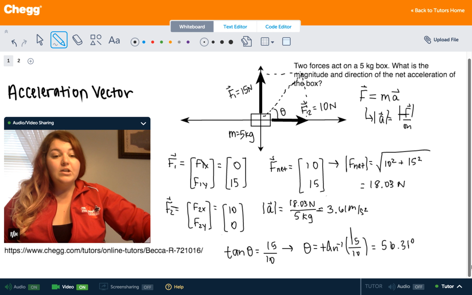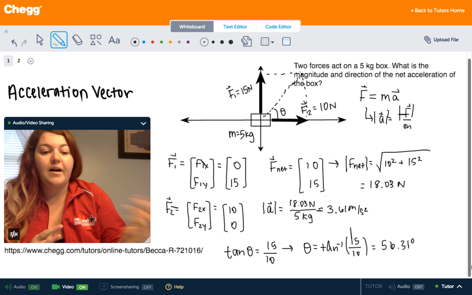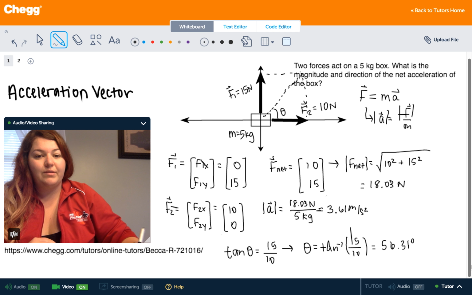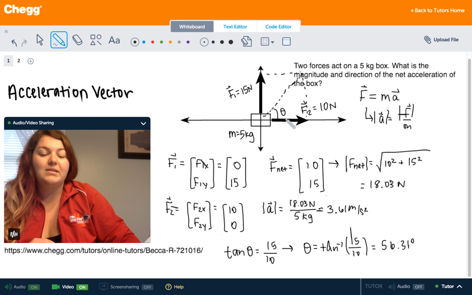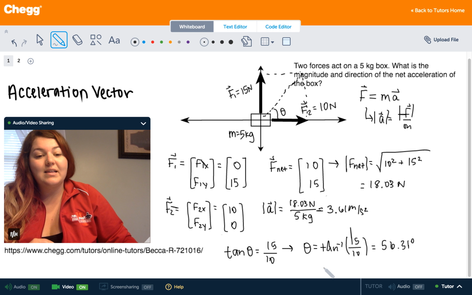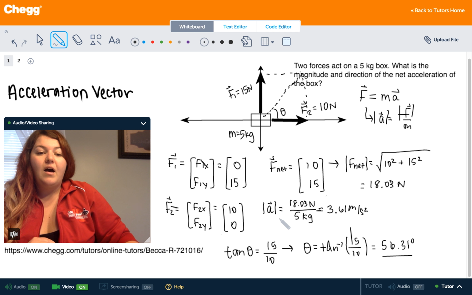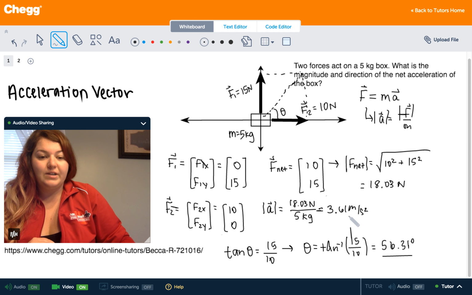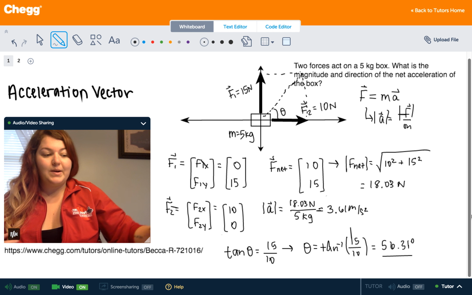Okay, so since the net force is pointed in a direction of 56.31 degrees with respect to the positive x direction, that tells us that the acceleration is also pointed in that direction, with a magnitude of acceleration of 3.61 meters per second squared.